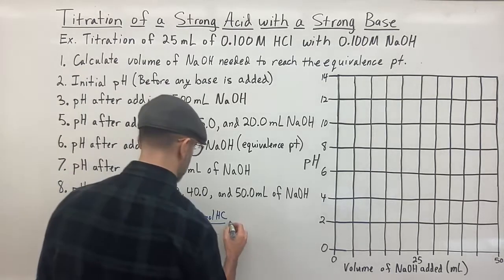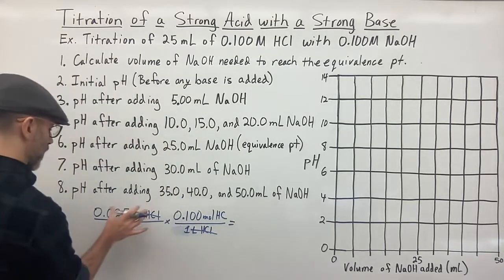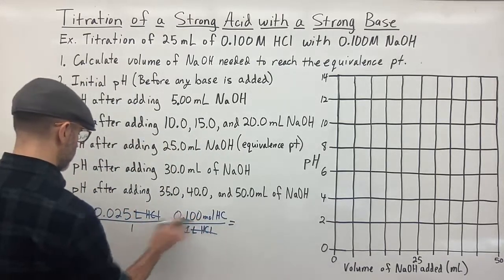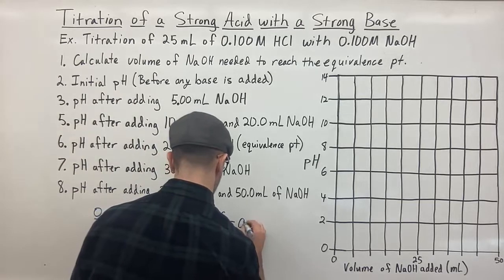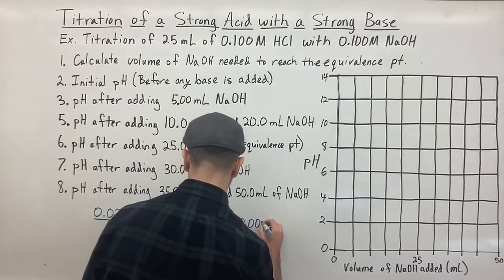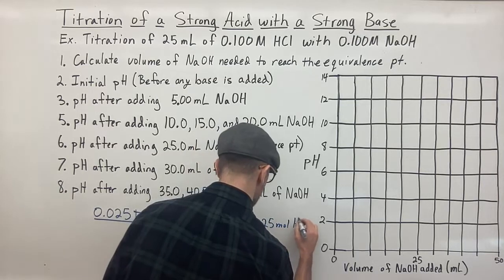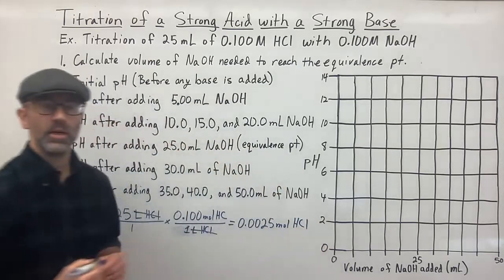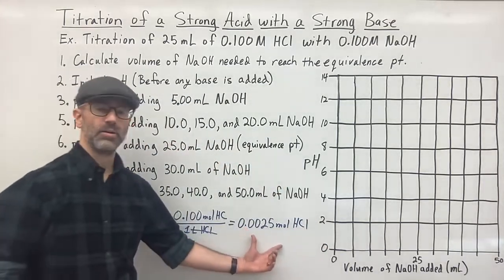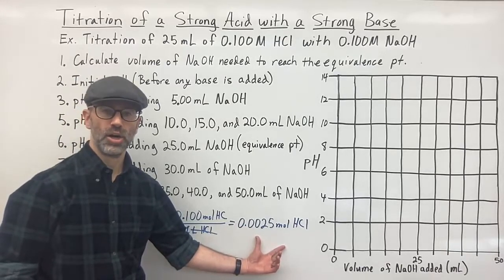So then all we need to do is multiply this by this, and we get 0.0025 moles of HCl. So this is the amount of HCl we are starting with.